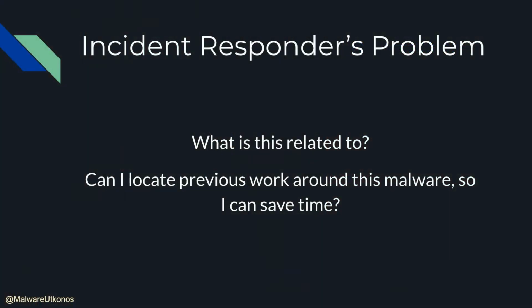And then this is a related problem, but the job is different, so the reasons for why they need to answer these questions are different. So you have the incident responder's problem, and they also want to know what a particular file is related to, but the reason they need to find out what a file is related to has a different motivation. So the motivation here is, can I find previous work around this malware?